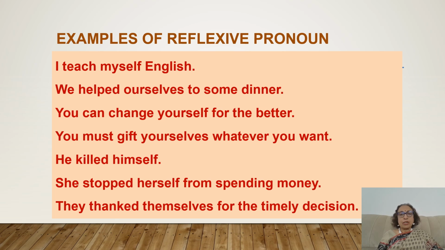Must gift is the verb. You and yourselves. Here it's plural. Plural you is also you. We don't have a separate word. No such word is there. So you and yourselves, whatever you want. He killed himself. Now, killed is the verb. He and himself are the same person, same pronoun. She stopped herself from spending money.